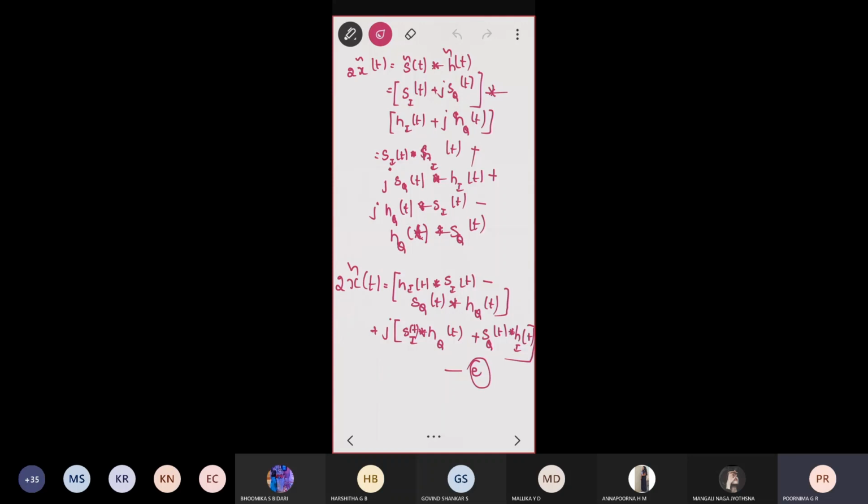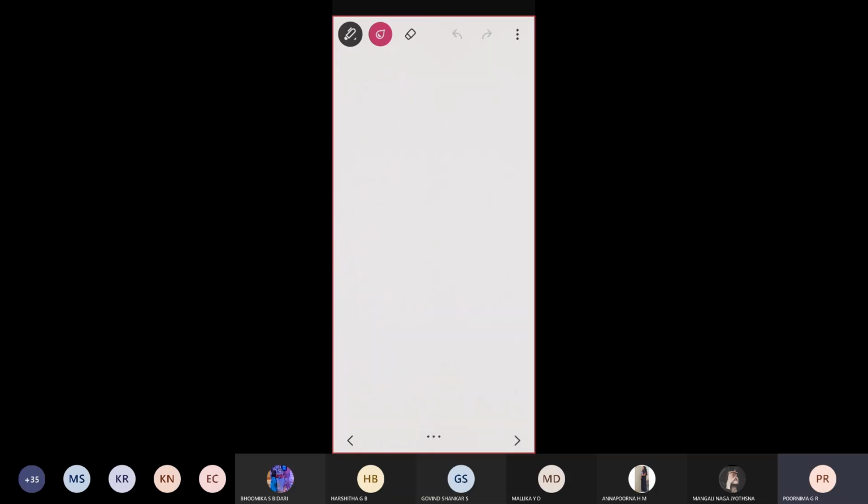The imaginary, in-phase component. We need to separate it.